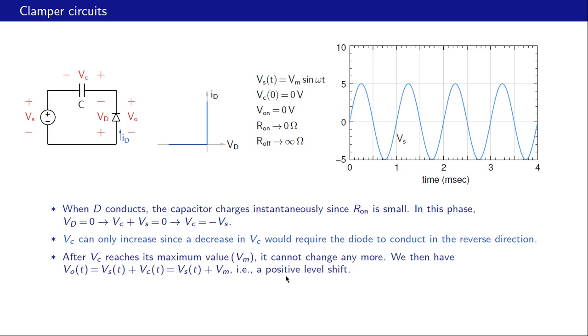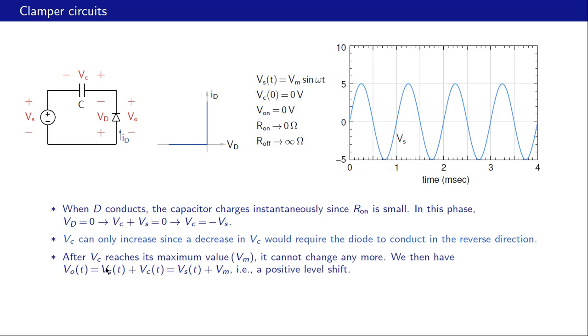We then have Vo of t equal to Vs of t plus Vc of t, and this is simply coming from KVL. Vo of t minus Vs of t minus Vc of t equal to 0. So therefore we have this equation.